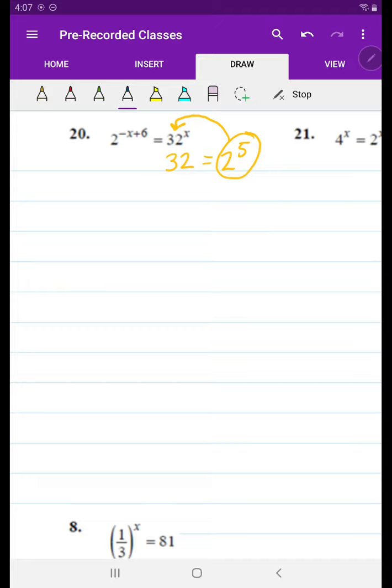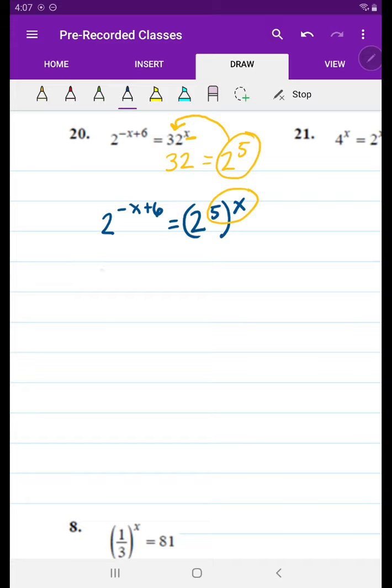Our first line looks like 2 to the negative x plus 6 equals 2 to the 5th, let's keep that in parentheses, and then we still have this exponent of x on the outside. We still need to keep that, so that's why I have this x down here. Now we can multiply this 5 and this x.